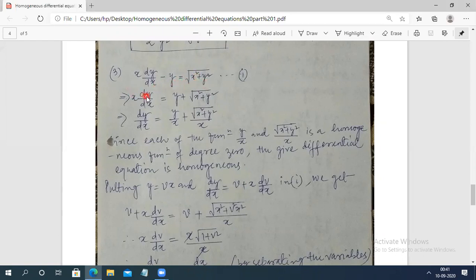Now first we will try to write this equation in dy by dx form, that is x dy by dx equal to: just shift this y to the right hand side and it will become like this. Since it is x dy by dx, you can divide each term of the right hand side by x, so it will be y by x plus root over x square plus y square by x.